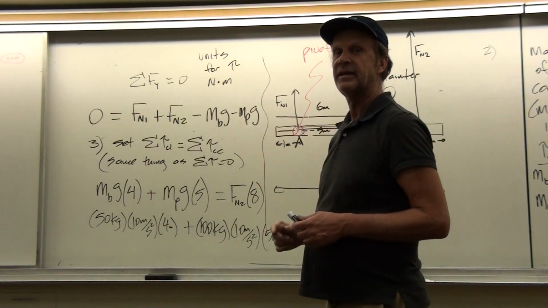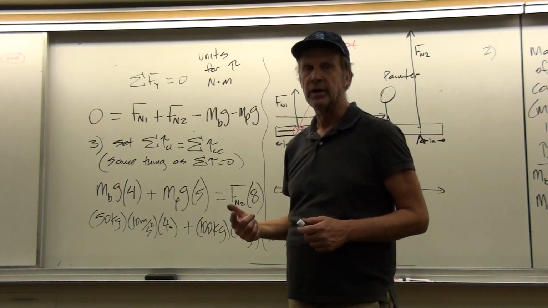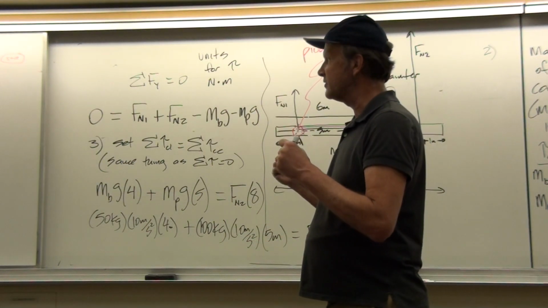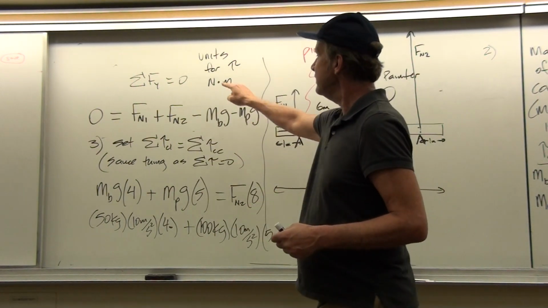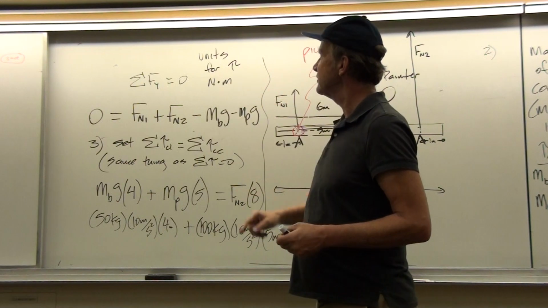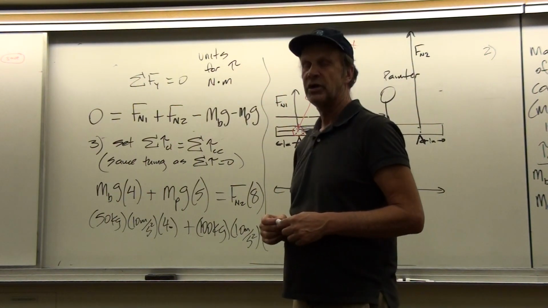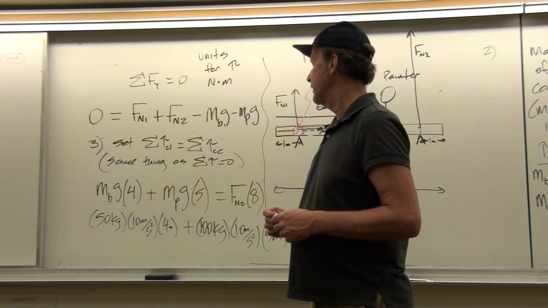But we don't want to say that here, because the only way that you can do work is if the object moves. And yet I can apply torques, and until the object starts to move, there's no work done. So we just leave it as Newton meter, and we don't try to simplify that to joules, because that would give the mistaken impression that we were dealing with an energy concept rather than a torque.